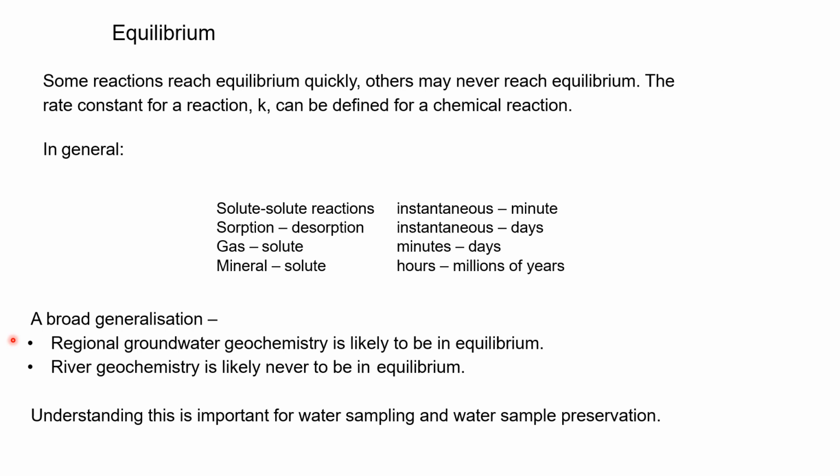It's had a chance for all these different chemical reactions to proceed closer to equilibrium. But a river sample, I would suggest that geochemistry is never likely to be in equilibrium because it's an open system. There's new reactants being supplied all the time from the atmosphere, and it's a fast-moving system. So the slow mineral reactions won't have reached the end of their reaction.